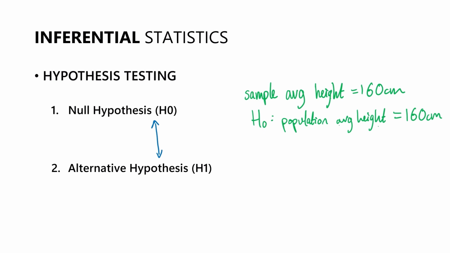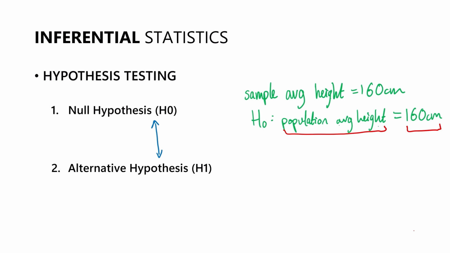So we always assume the null hypothesis to be that the population parameter is equal to the sample statistic. This is the null hypothesis that we are trying to test.